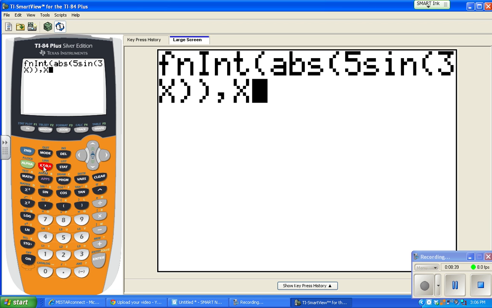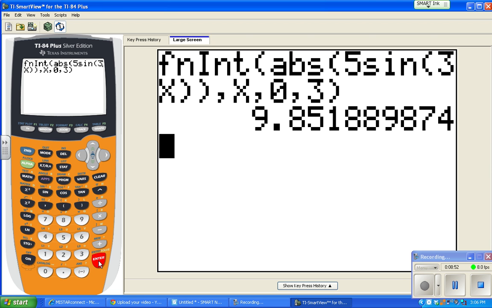With respect to x, from 0 to 3, and again, this is the old system style, so if you're on an 83 or an 84 that's not updated yet, this will work. You have to connect it to the computer. It's kind of a pain. All right, so that's going to be on recording.